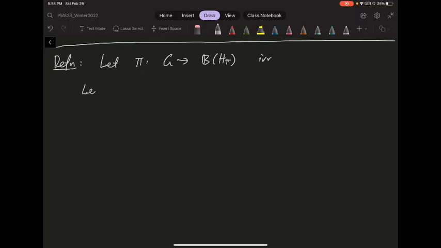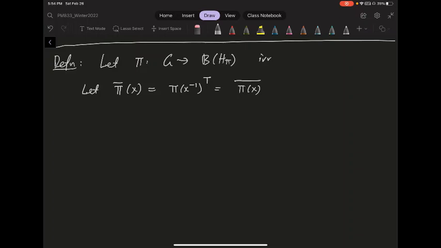Let pi bar of x be equal to the matrix transpose of pi of x inverse. You don't do the conjugate transpose, you just do the matrix transpose. If you fix a certain orthonormal basis, this is just the conjugate of the whole matrix pi x.